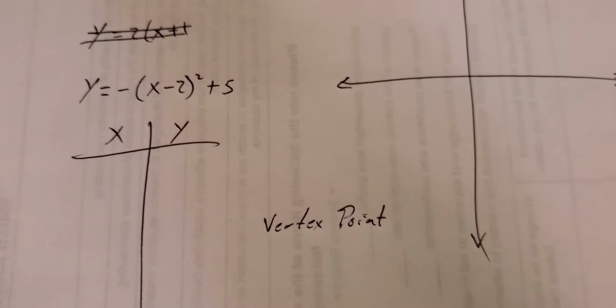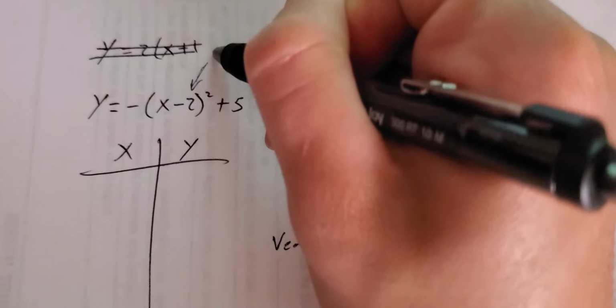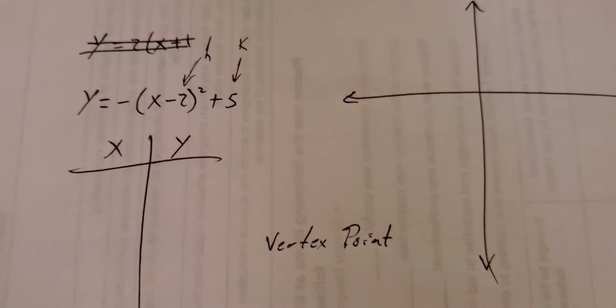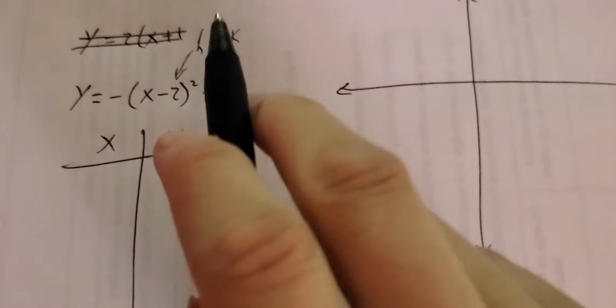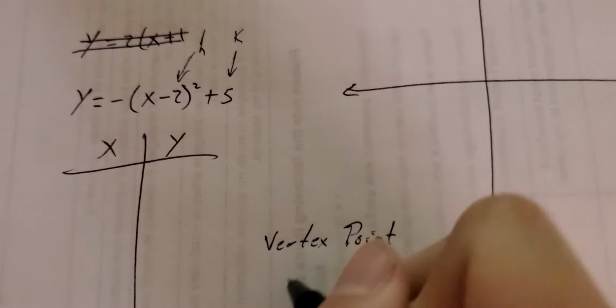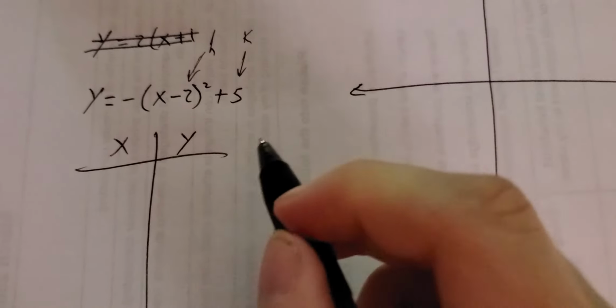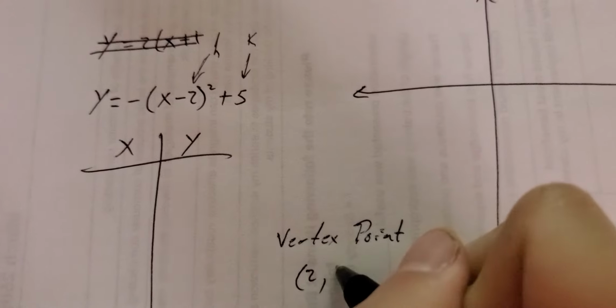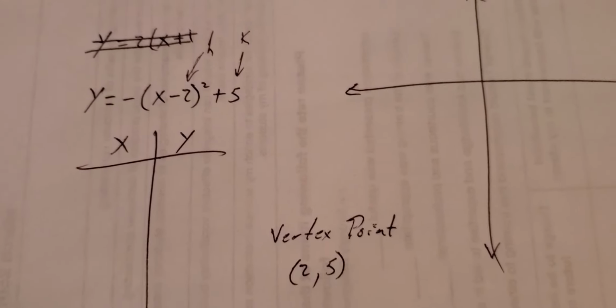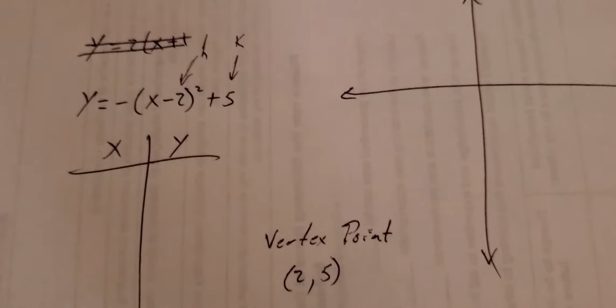Again, it's going to be our h and our k. This value here is our h, and this value here is our k. First off, h is going to be the opposite. If I have a -2, my point is going to be +2. And my k doesn't change. It'll be 5. There you go, this is my vertex point. This will be either my lowest point or my highest point on the graph.